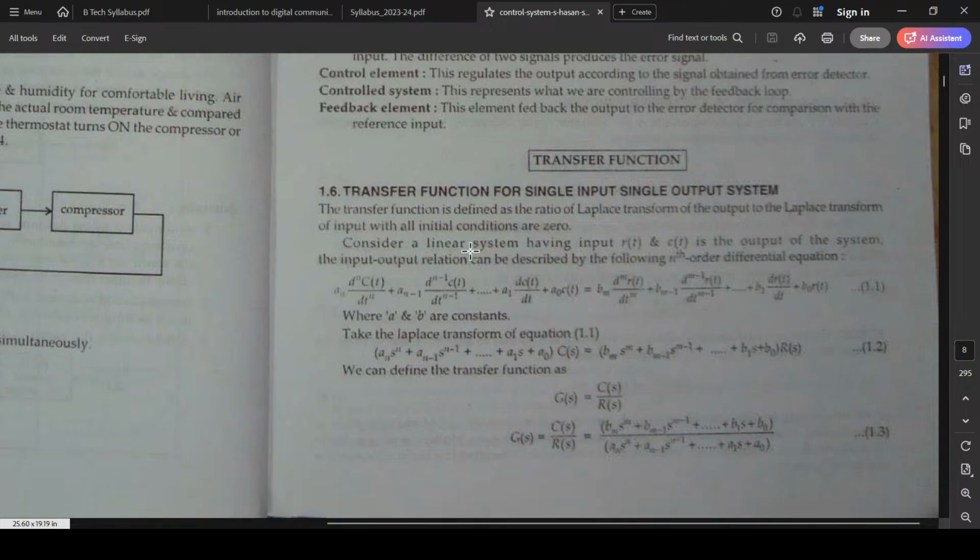Let's read. Consider a linear system having input r(t) and c(t) as the output.